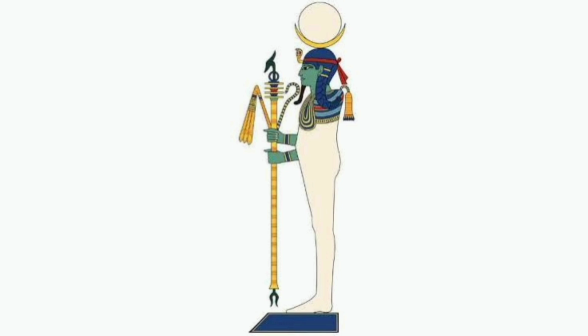Now, Khonsu has two things on his head. One is the crescent moon, and the other one is the full moon. There's an importance about this, which is that the crescent moon can be associated with two things. One is a boat, and then the other is the cow's horns.